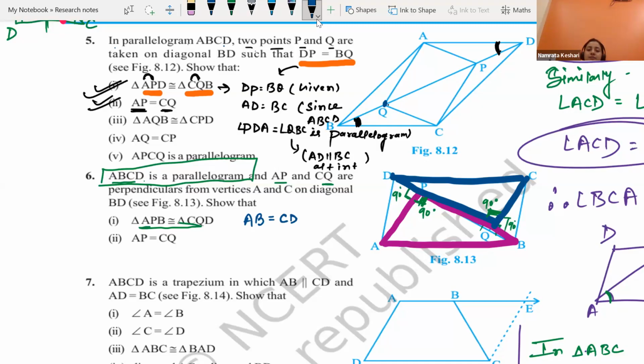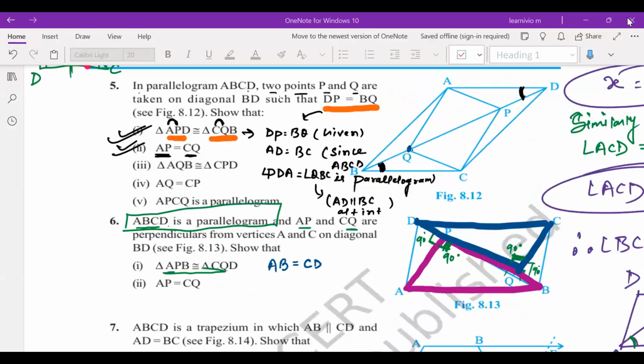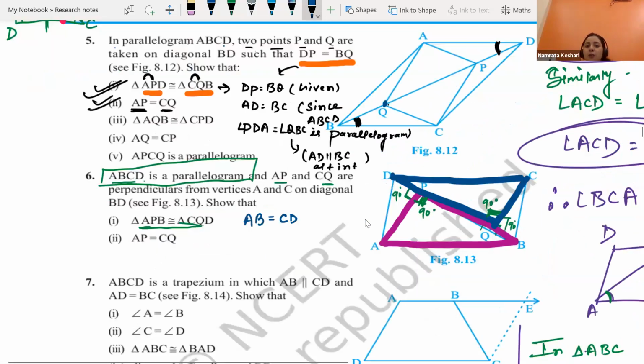I have written 90 degree. Can you see that? I can see you have written DB common. DB is not common.